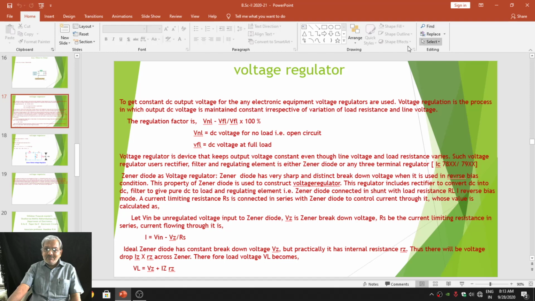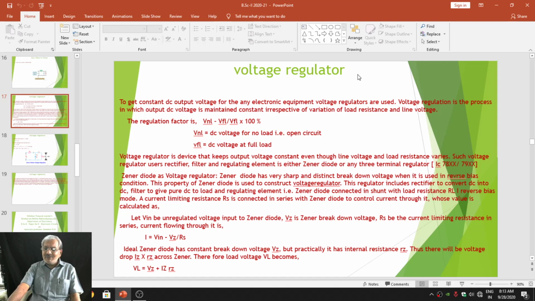Thus, voltage regulation is the process by which constant output voltage is produced to the load irrespective of the variation of the load resistance as well as the variation of the line voltage. Meaning, even though line voltage or load resistance changes, output voltage remains constant.